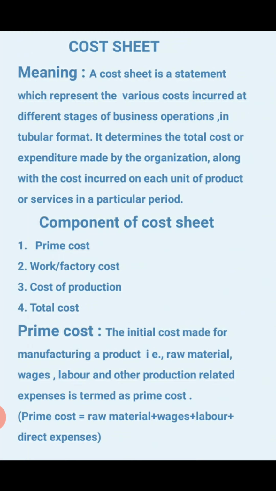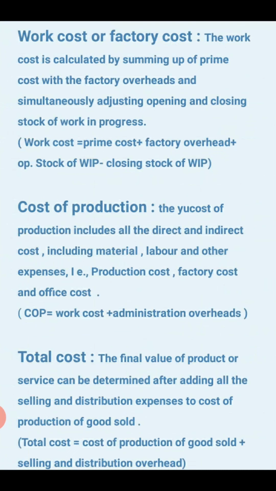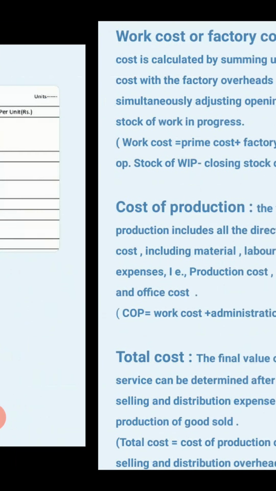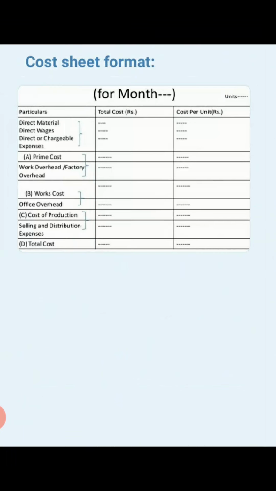And we also studied the meaning of cost sheet. Then we study the format of cost sheet. This is the format of cost sheet. Firstly, we write the company name or the month of the cost sheet being made, and second is units, meaning how many units or products we or the company have produced.